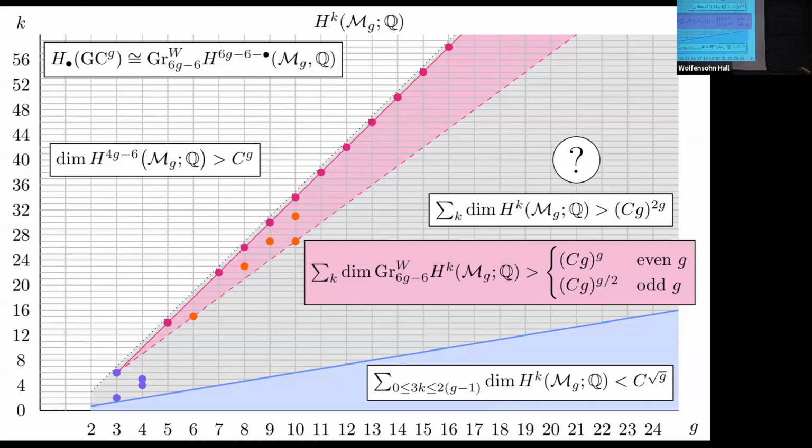You can just compute it by subtracting this large number from this one, and you still get something which is very large. Because the Euler characteristic has this nice additive property over direct sums, it really follows that there's lots of non-top weight cohomology.